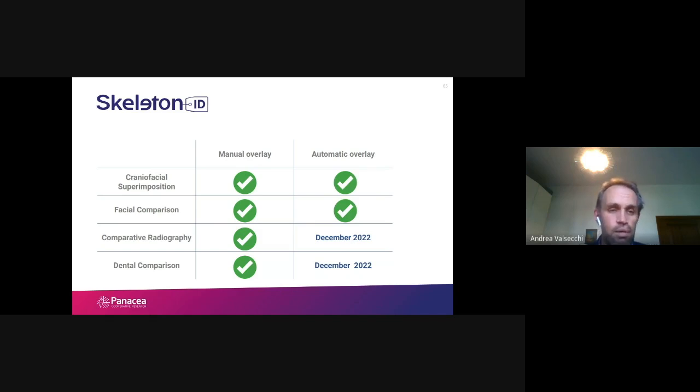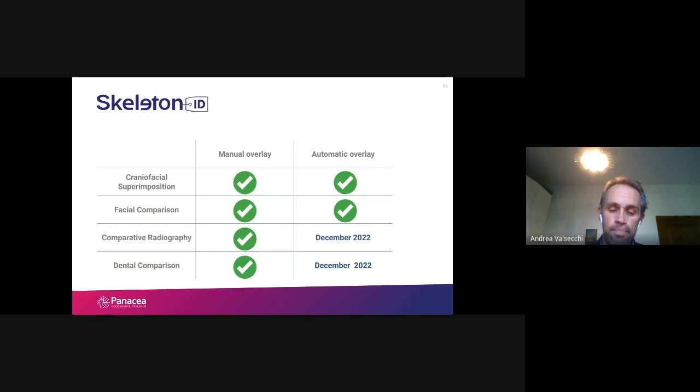You can talk with Sebastian if you want a demo and to see in detail how everything I explained works. With the current version, you can get manual overlay in all the fields that I mentioned. All 4 techniques can be used manually, and you can use the automatic methods for craniofacial superimposition and for facial comparison.